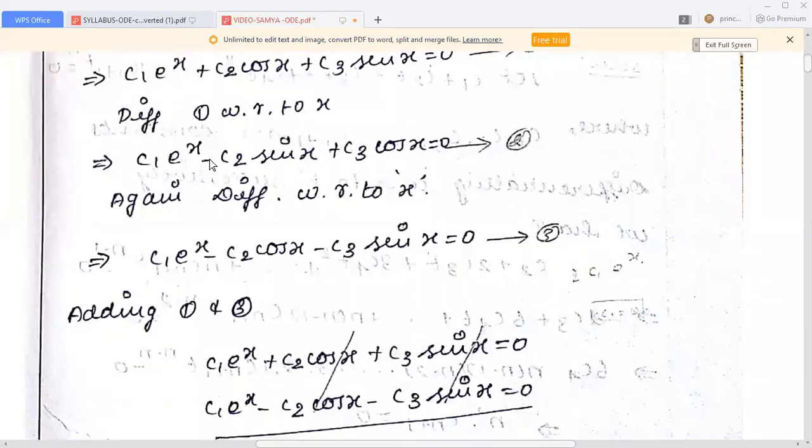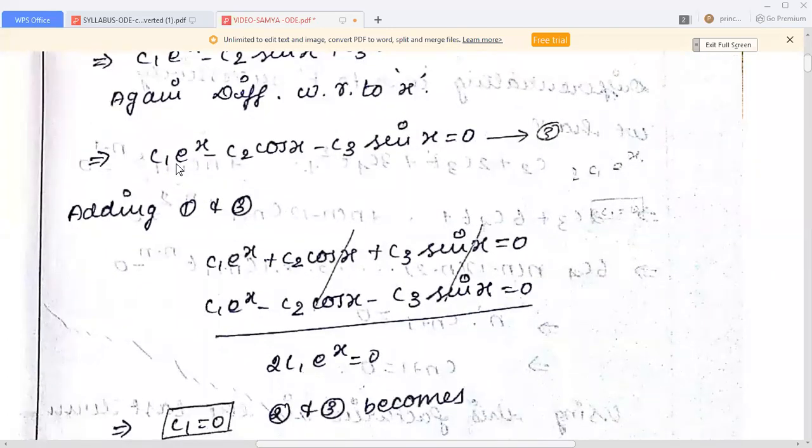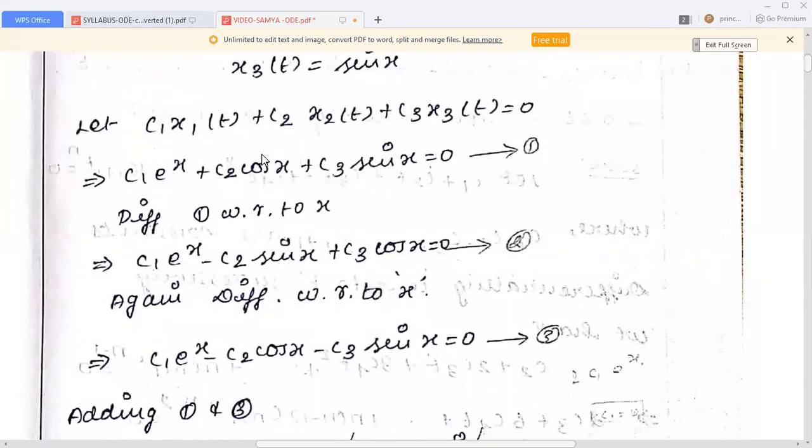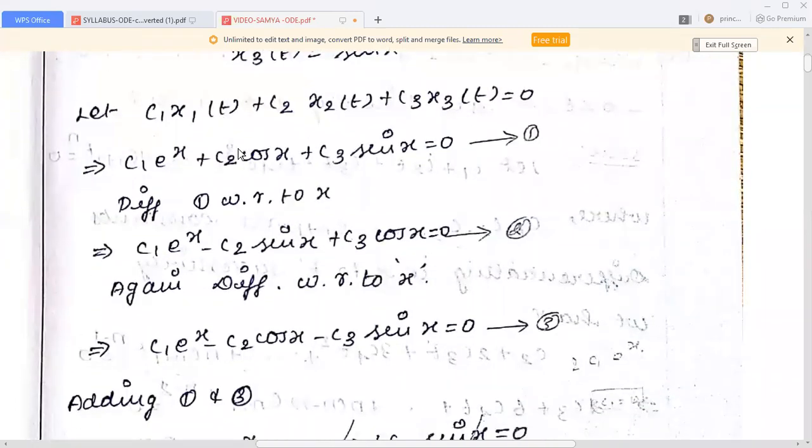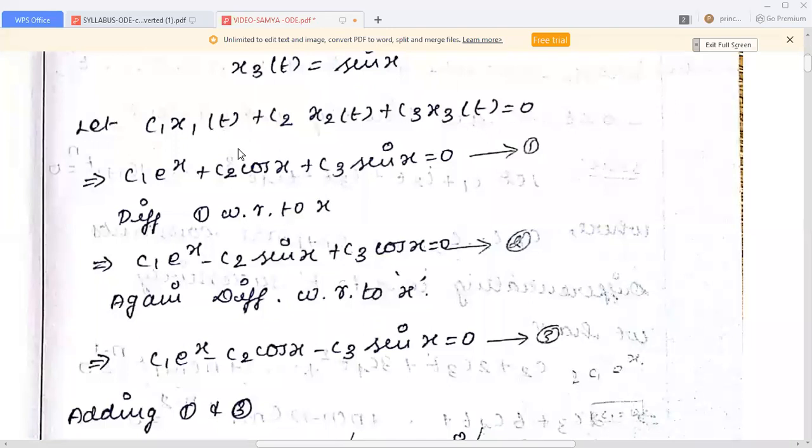Again, differentiate with respect to x, we get c1 into e power x minus c2 into cos x minus c3 into sin x equal to 0. This is equation number 3. Our aim is to prove all the constant values, c1, c2, c3, are 0. So for that, now we are going to solve the 3 equations 1, 2, 3.